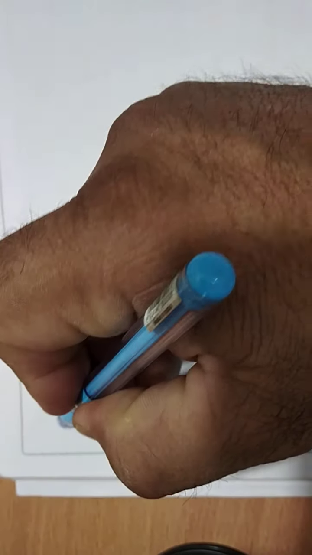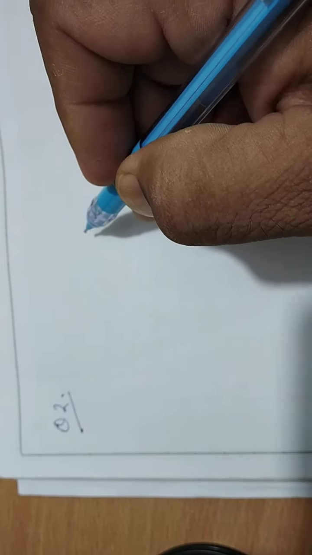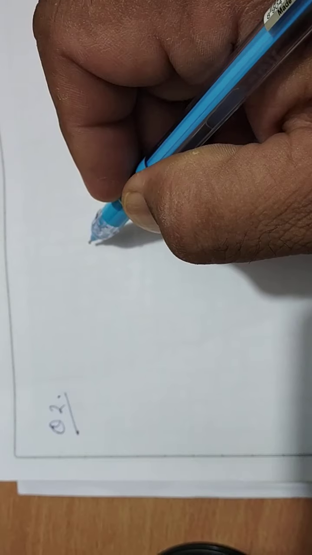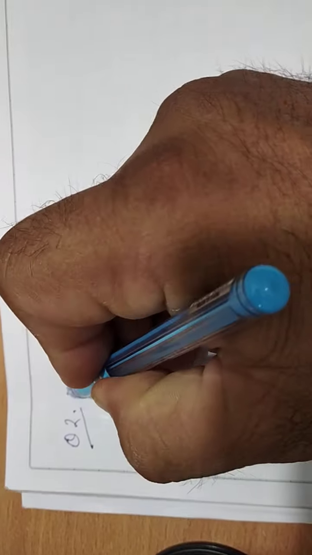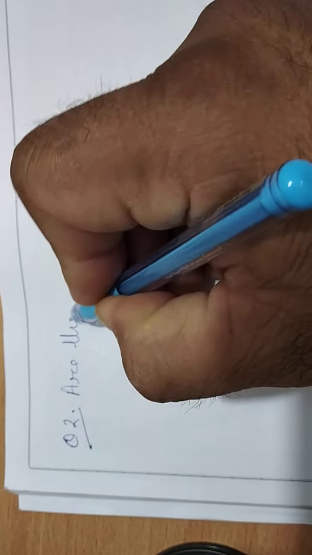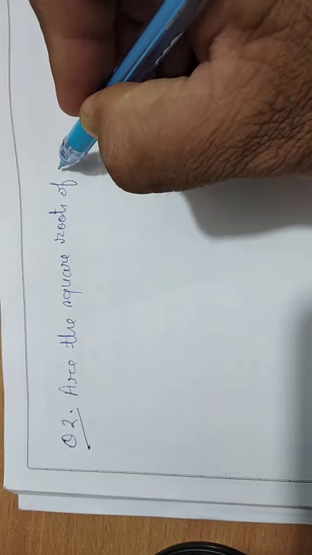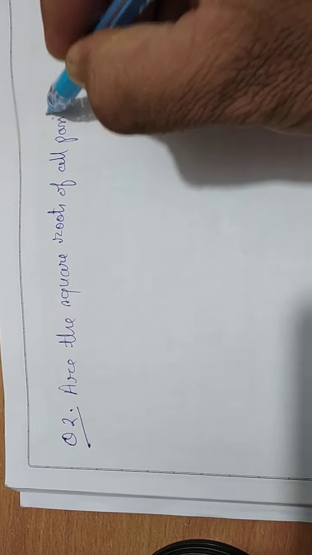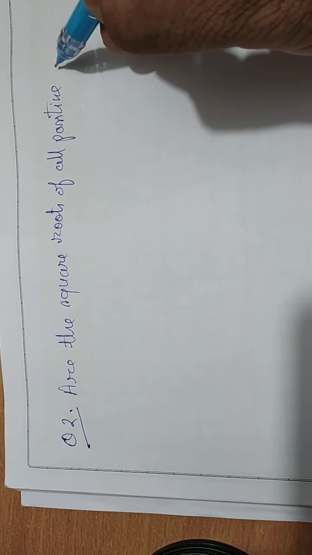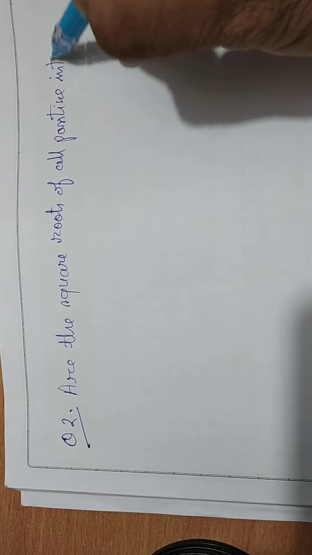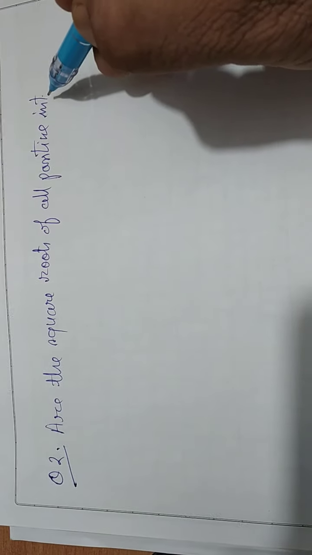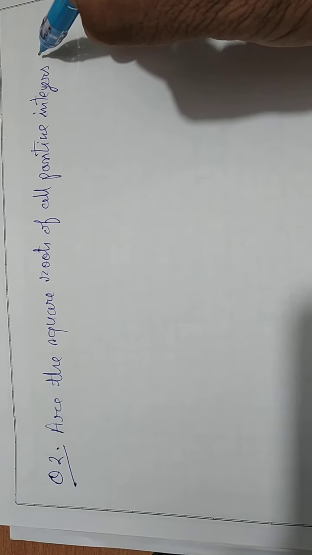Now, question 2 of the same exercise 1.2. The question is, are the square roots of all positive integers irrational?